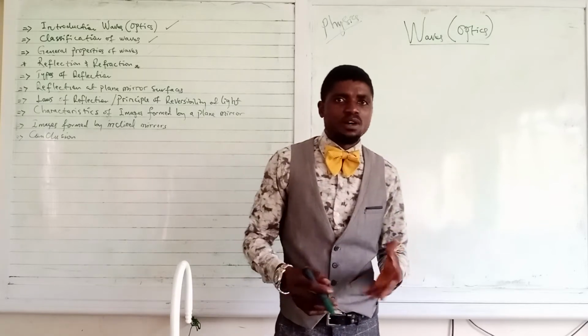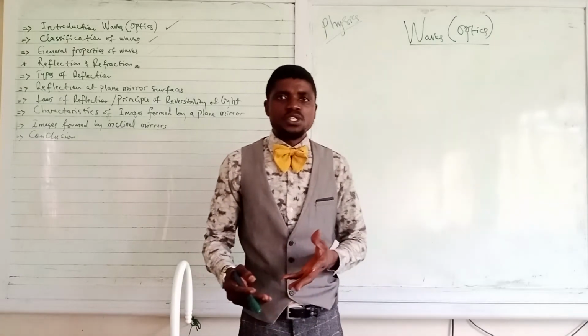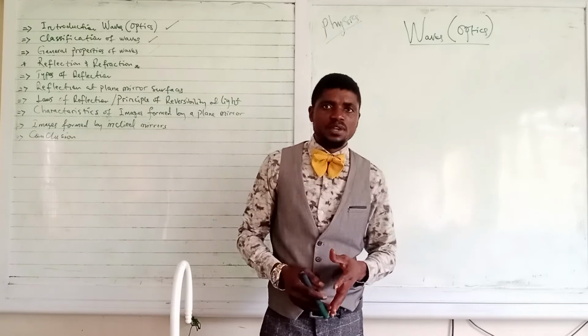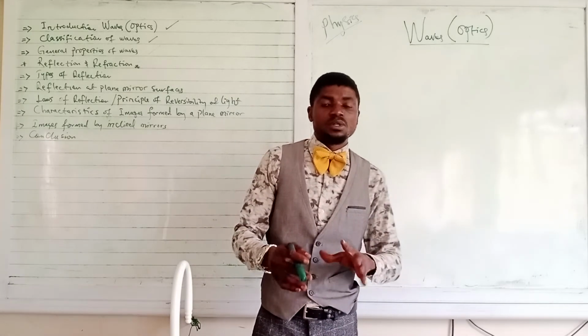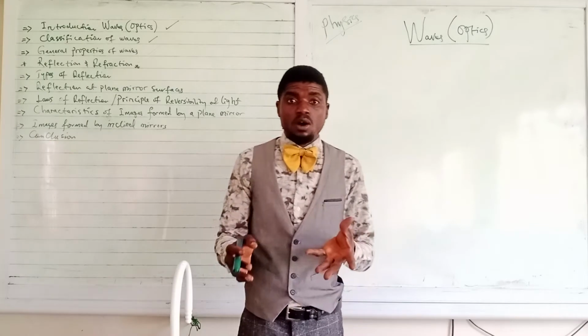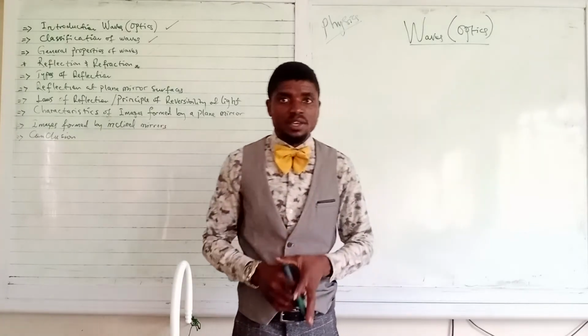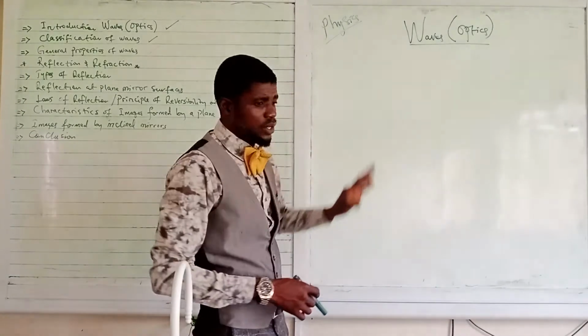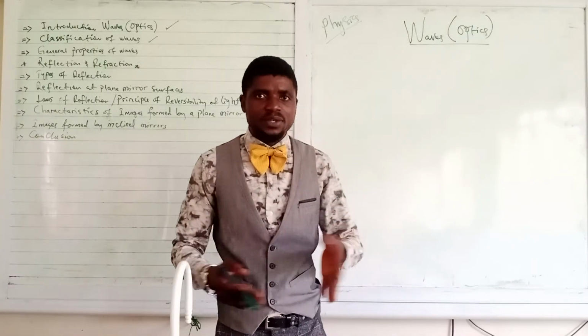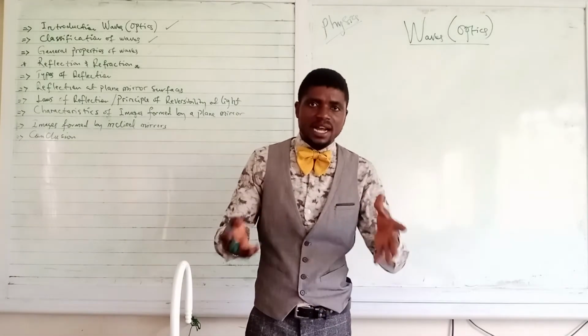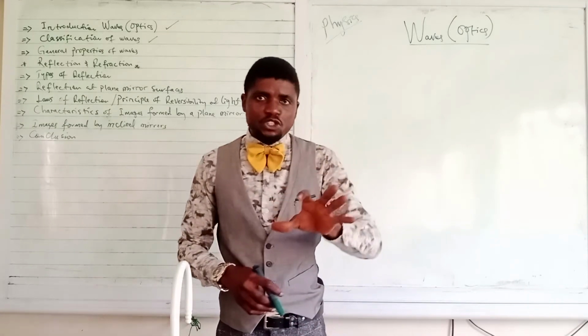Waves are classified based on material medium, based on direction of travel of the wave, and based on motion or state of the wave. Classification of waves based on material medium, we have electromagnetic waves and mechanical waves.